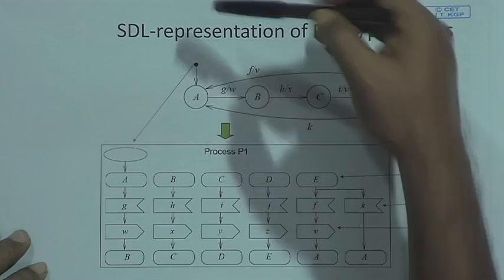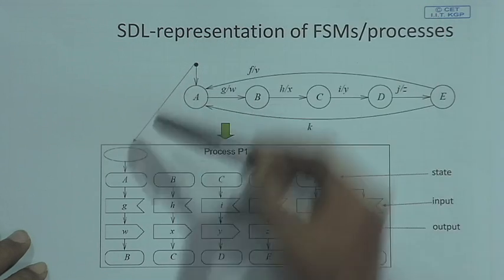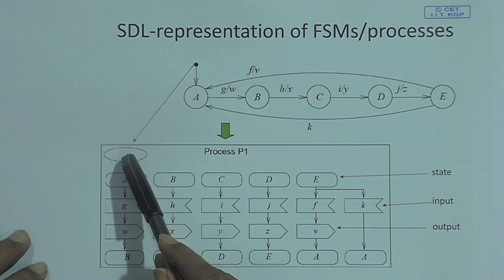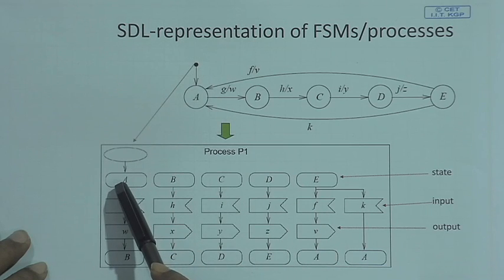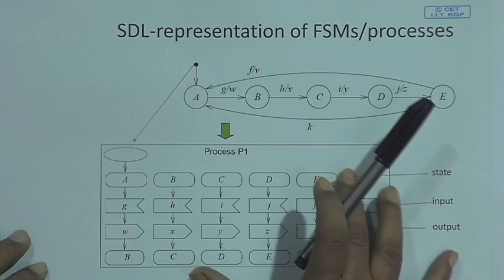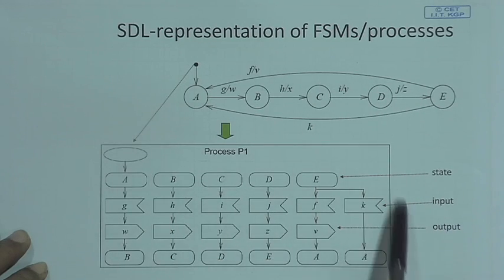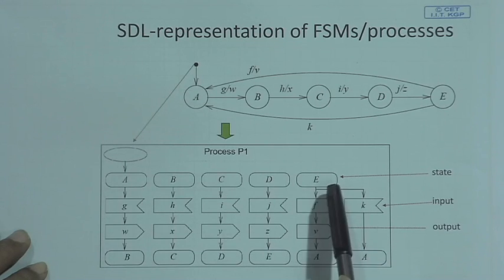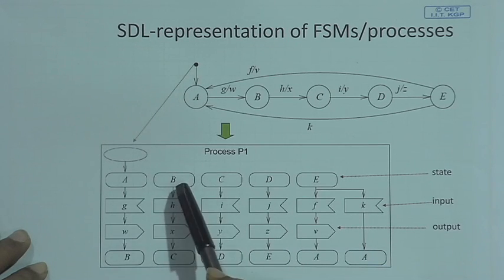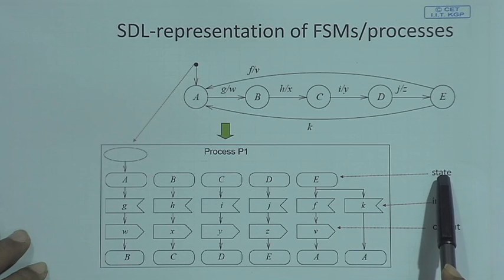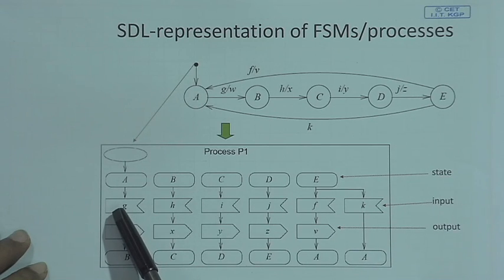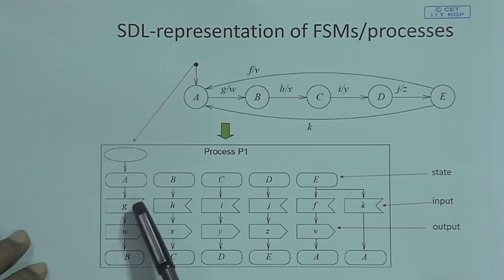So, my homing state or the initial state is here. So, I am entering A, all right. Here I am not showing any concurrency, it is only one FSM. Therefore, now you see here what happens, that each of these oblongs, these are the states, okay. And this symbol, a rectangle with an arrow inwards, is an input and the arrow outward is an output.